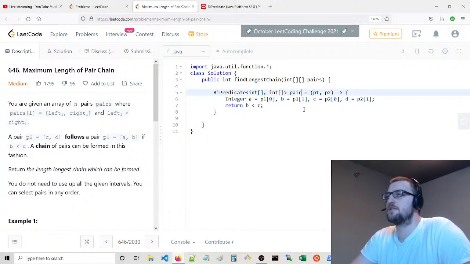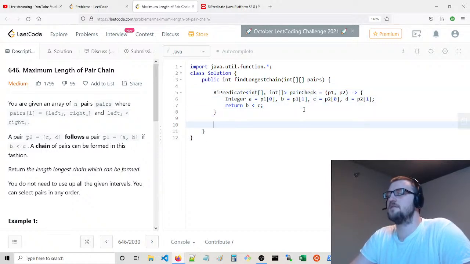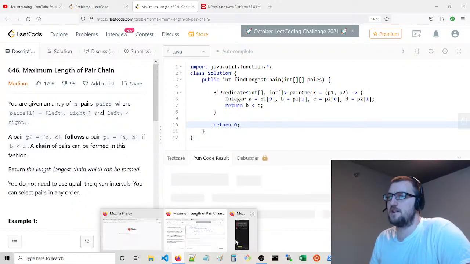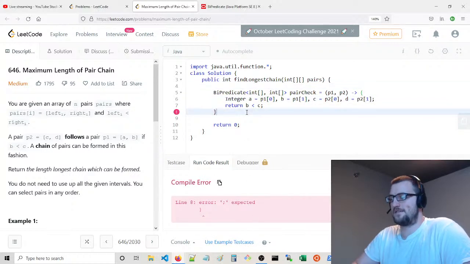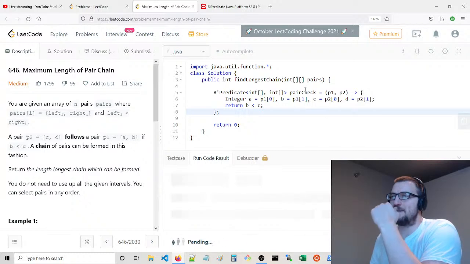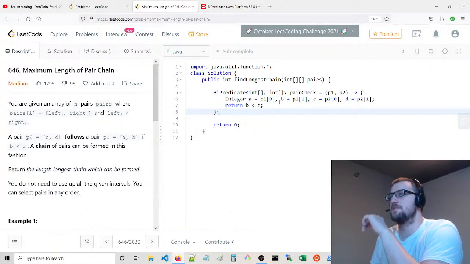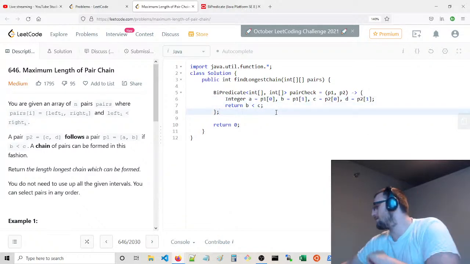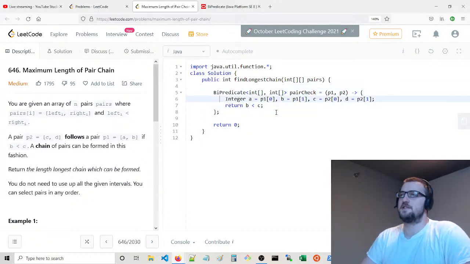Just pair check. Something like this. Hold on, does this compile? So that's lambda expression syntax. It does compile. Okay, that's interesting. Nice. All right, so you can use generics, so we don't need to have our own interface there.